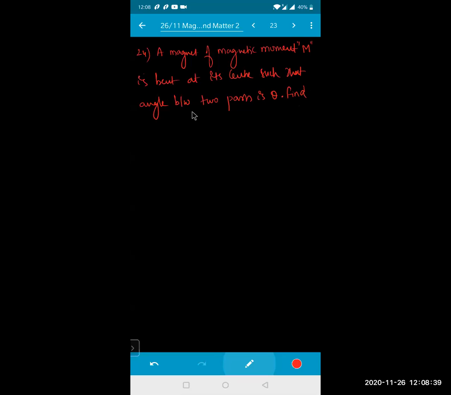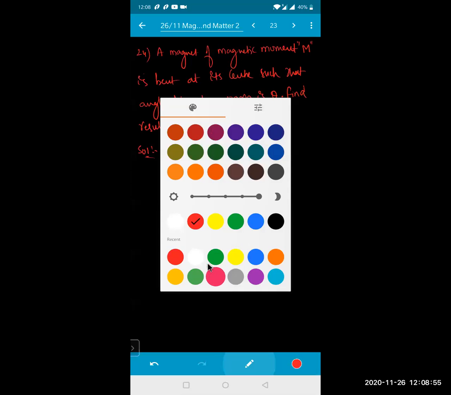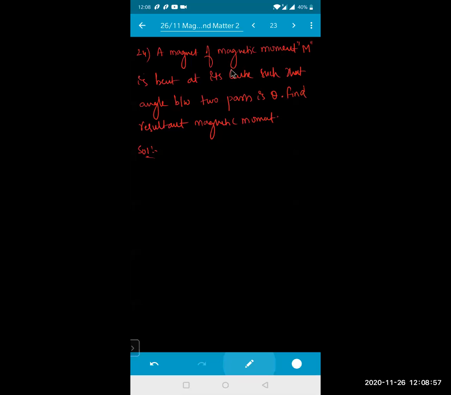Find the resultant magnetic moment, not field, magnetic moment. Try to do this question. See the question: a magnet of magnetic moment M is bent.